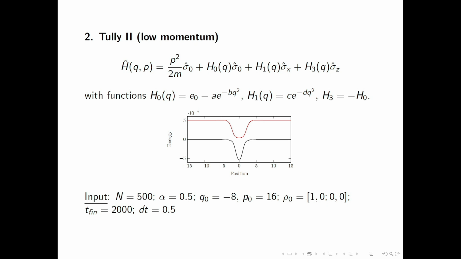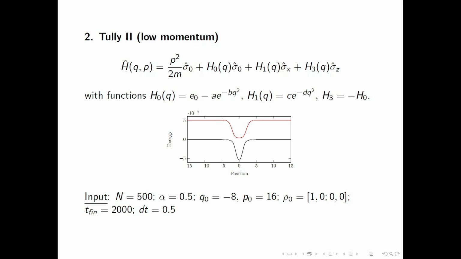When it arrives at the crossing section, depending on the speed of the wave packet, which we can control by the initial momentum, the wave packet starts to split, for example. Parts of the wave packet will jump to the lower part, and there are reflections depending on the initial condition. So this is important to model processes, as I said, in molecules.